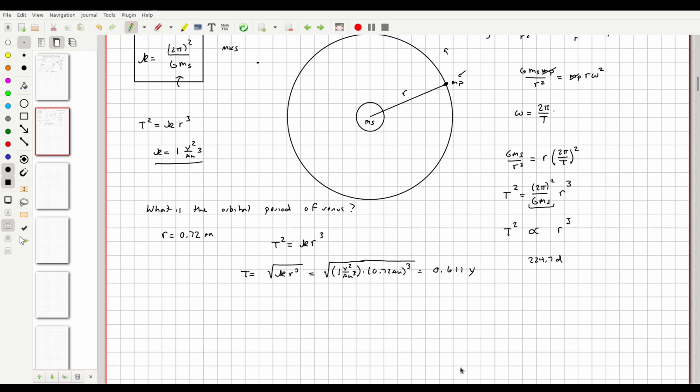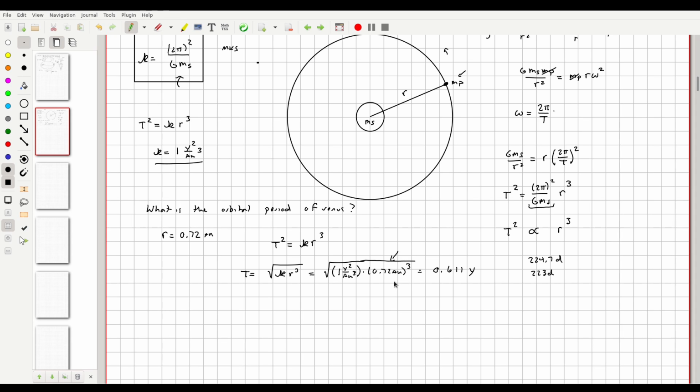So if you convert this from years to days, just multiply it by 365. You get, within reason, this is rounding, about 223 days. So not bad at all. Now, it's off here a little bit because we only have two significant digits in our semi-major axis. We know these semi-major axes to many, many more significant digits.